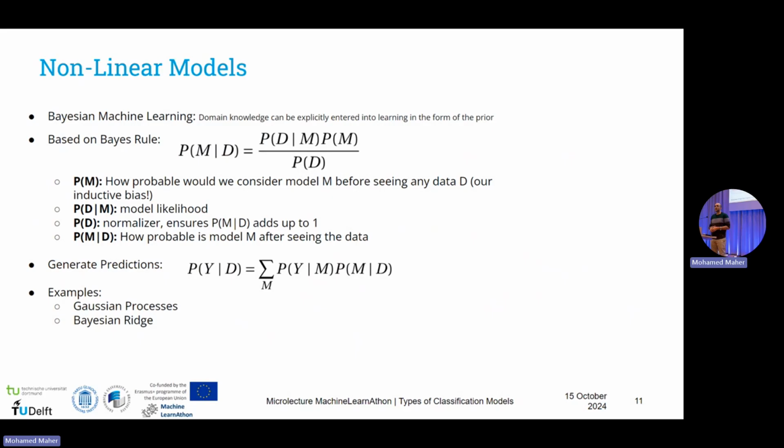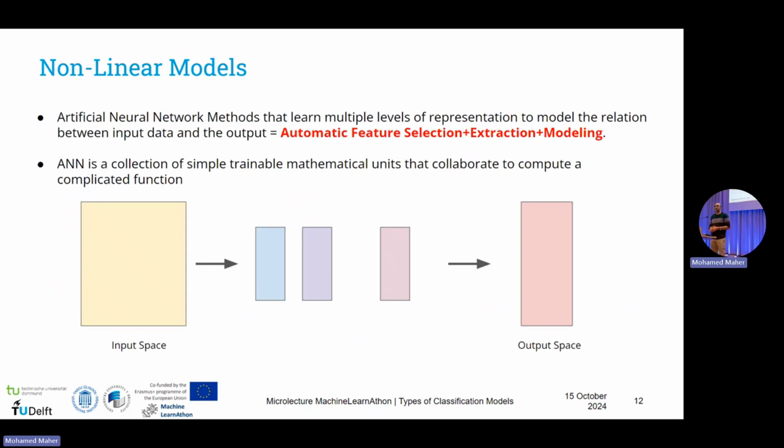Examples of that are the Gaussian process or Bayesian ridge regression, a type of regression algorithm. This type of machine learning classification or regression is one of the nonlinear models.